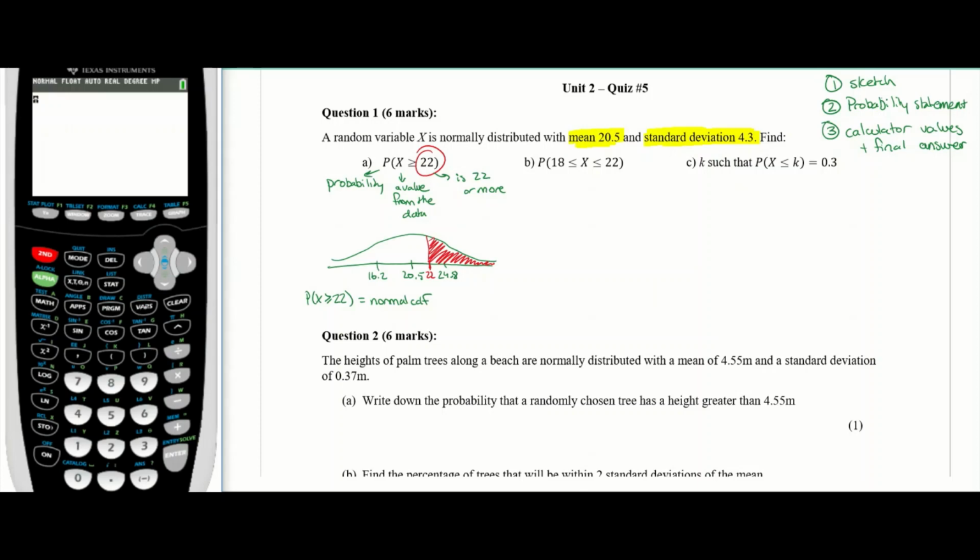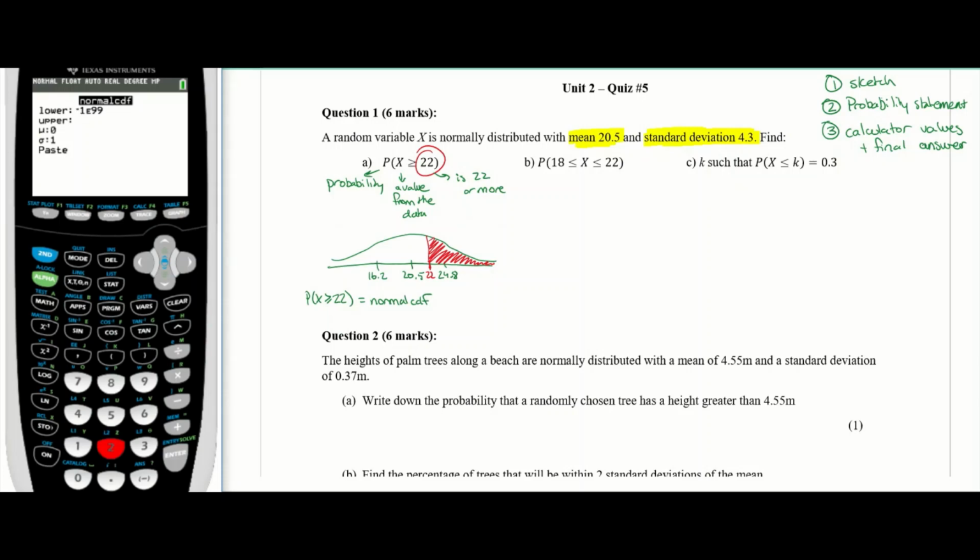So we're going to go to the distribution menu. And then you want to pick option 2 whenever you're dealing with a situation where you're given the cutoffs and you want to find the probability. So we're going to pick option 2, and we have to tell the calculator 4 pieces of information. A lower boundary of our area, an upper boundary of our area, the mean, and the standard deviation.